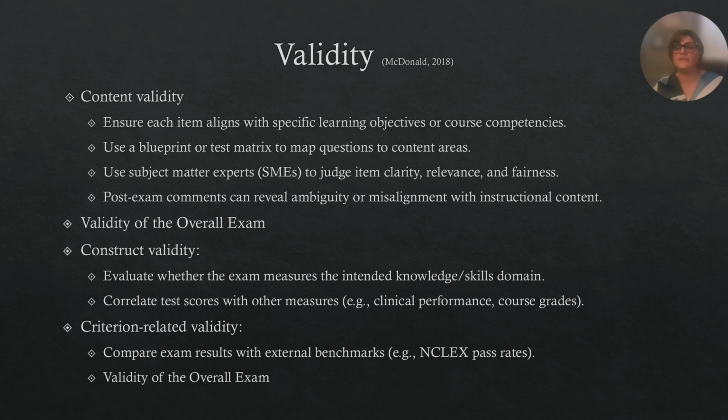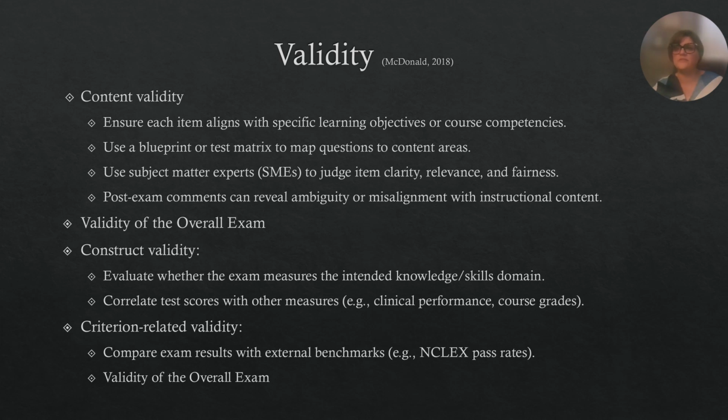And post-exam, you can even get student comments, albeit not always the first thought, but getting feedback on your test, especially if there's any misalignment or they felt like there was a deviation from your instructional content, would be helpful. Understanding if your exam measures the intended knowledge and skills that you want is very important.